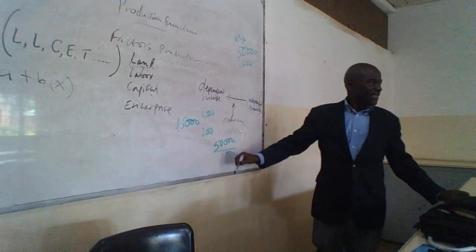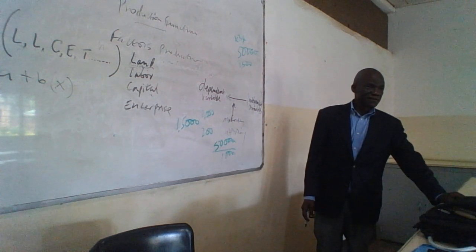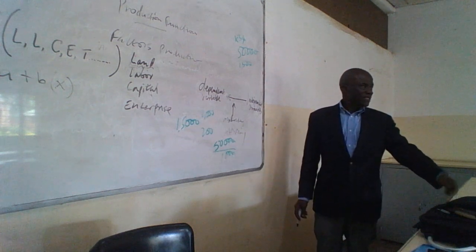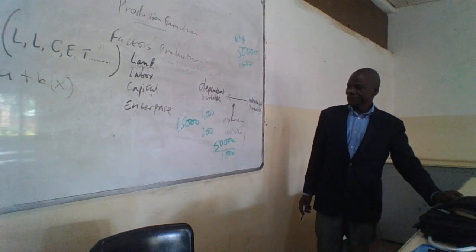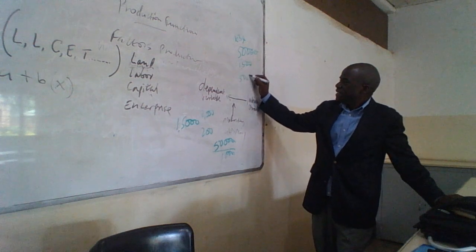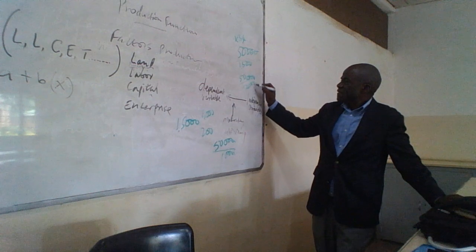But the cost is still 50,000. You still pay 50,000 as labor. That's your manager, your workers, and your watchmen. So now you have 50,000 over 2,000 chickens.